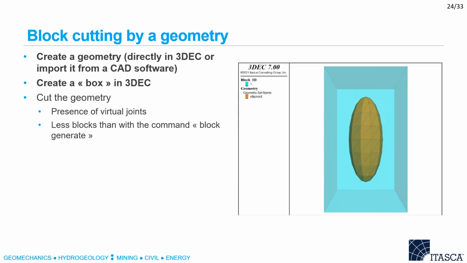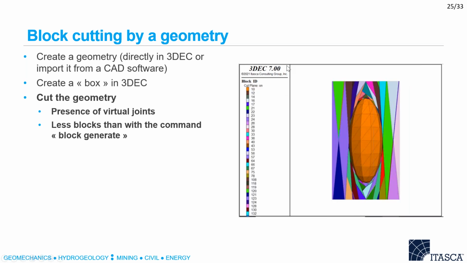We create a box in 3DEC, and then we will cut this box with this geometry. So we will have some joints forming all around this geometry to be able to cut a block in the form of an ellipsoid. We'll have inside the model some joints that we don't want to be here, so we will have to join with the command block join afterwards.